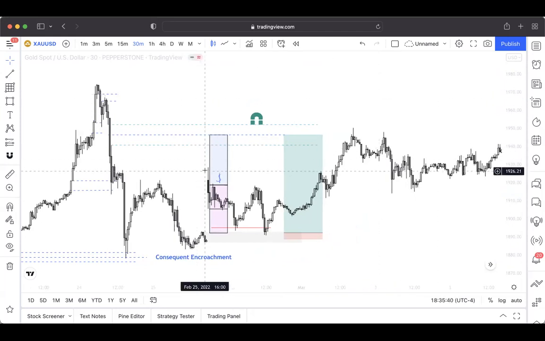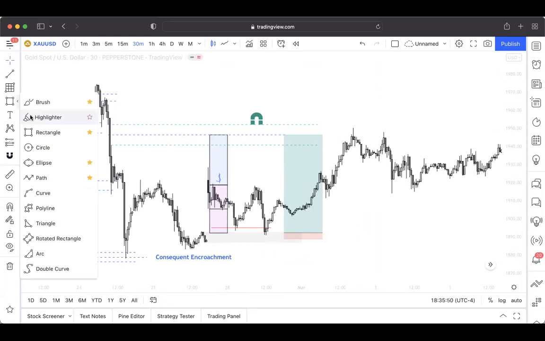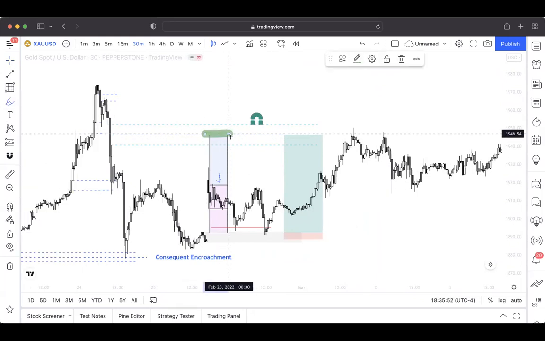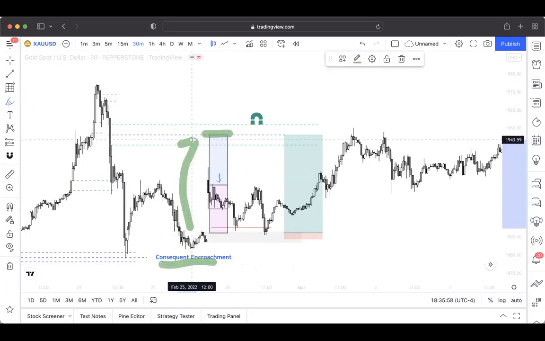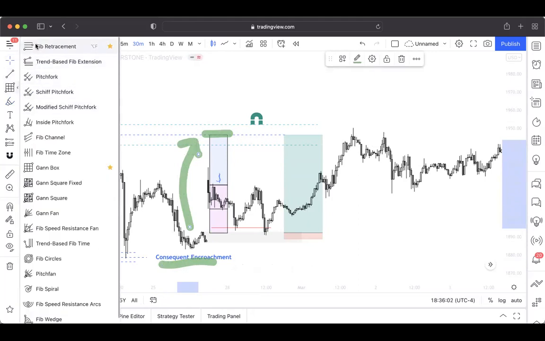You can even use the standard deviation. Why would you want to use the middle of it instead of the top or the bottom? Because in this case, you see that the standard deviation is right there, aligning perfectly with the middle. The consequent encroachment is aligning with the standard deviation. So also you can use fib levels.